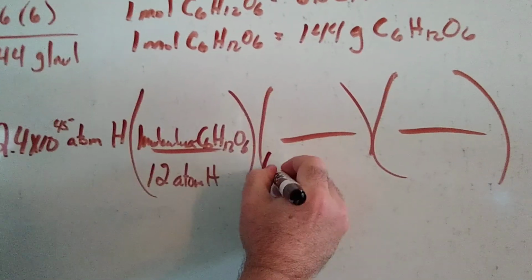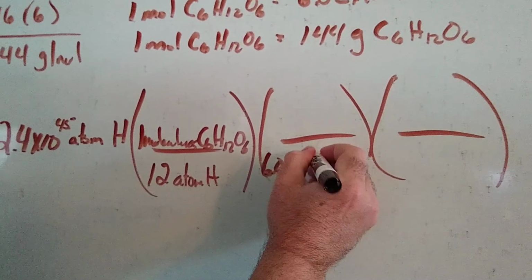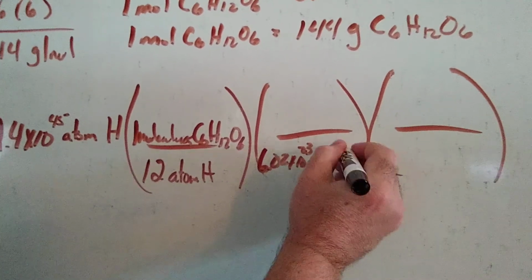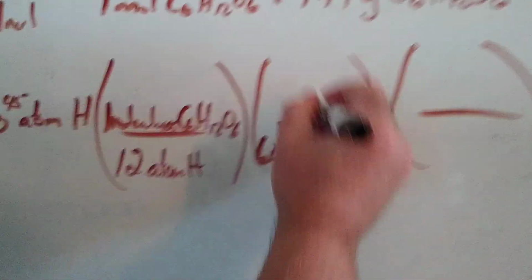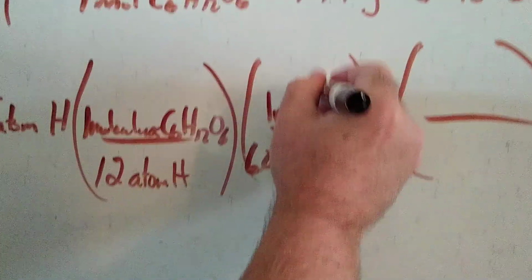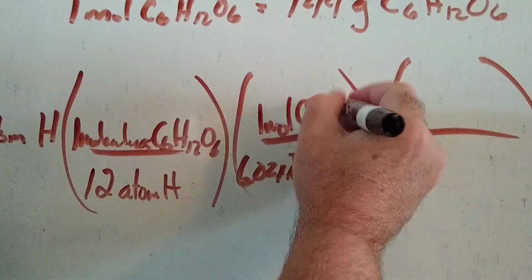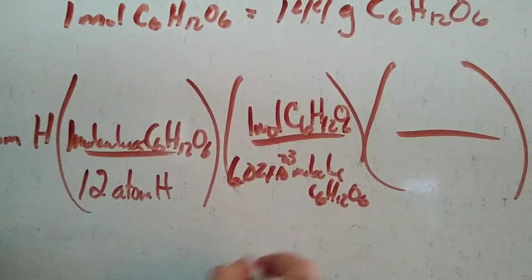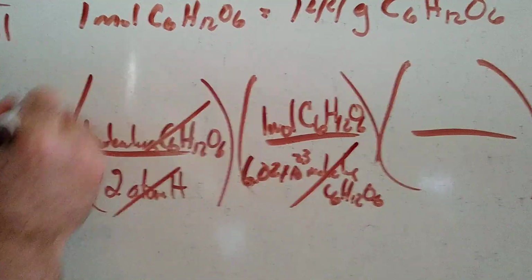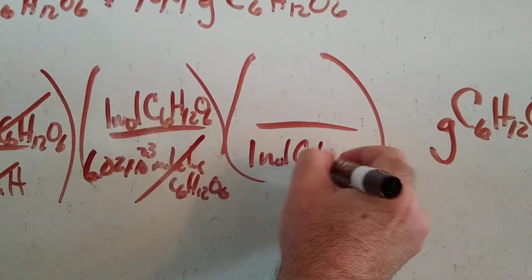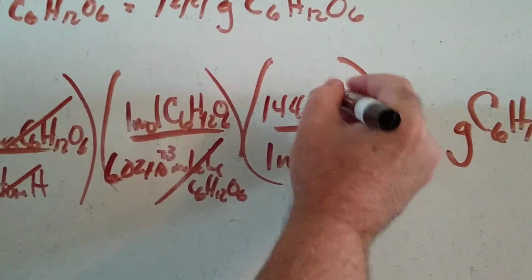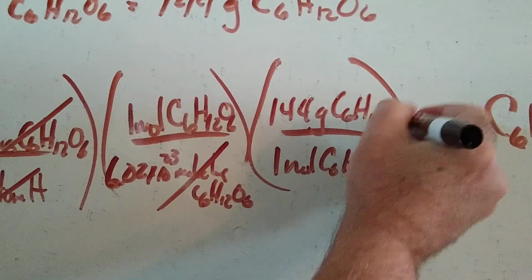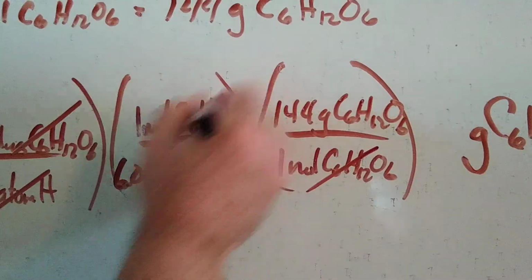We know that 6.02 times 10 to the 23rd molecules of C6H12O6 is 1 mole of C6H12O6. Molecules cancel out, atoms have canceled out. 1 mole of C6H12O6 is 144 grams of C6H12O6. Those cancel out.